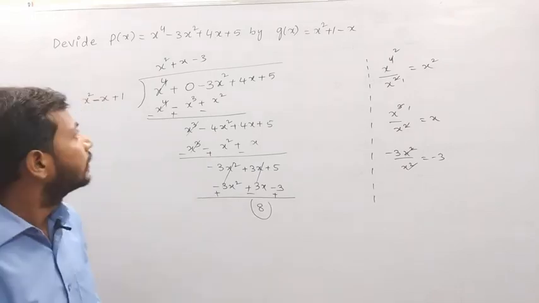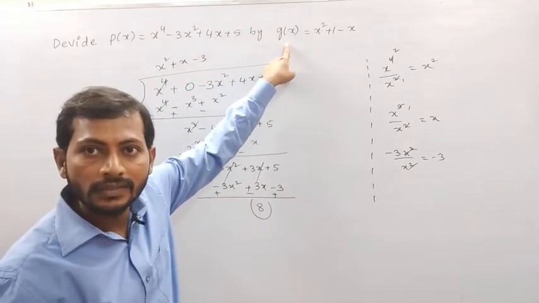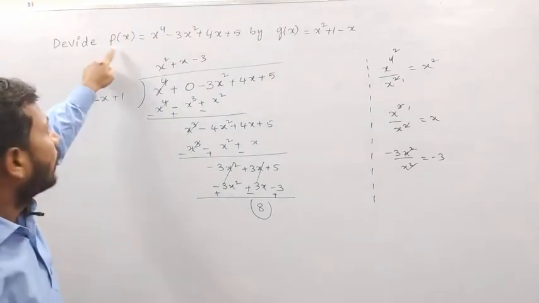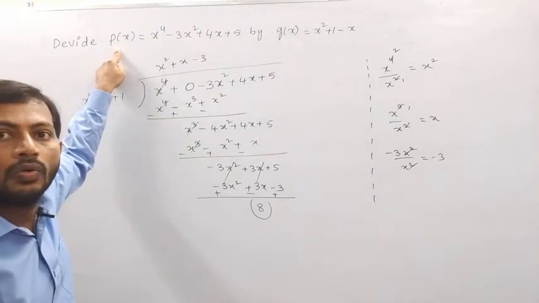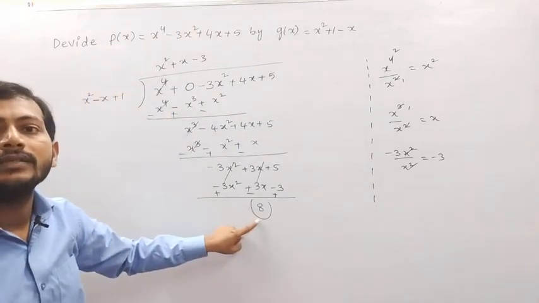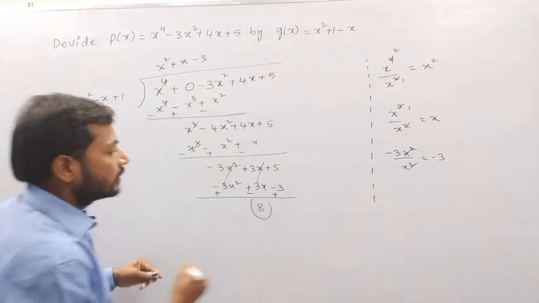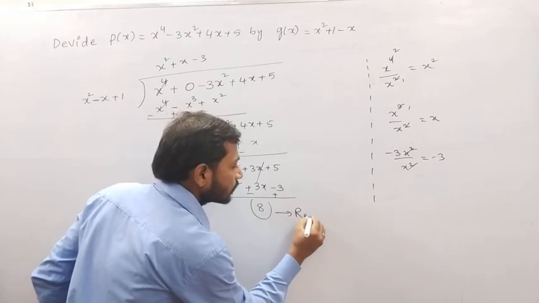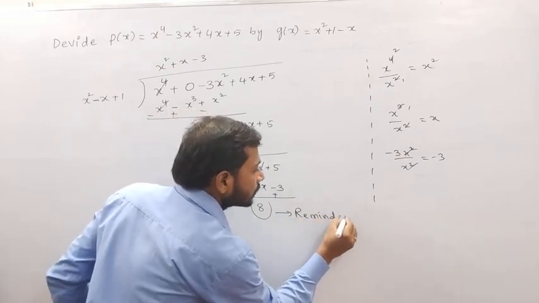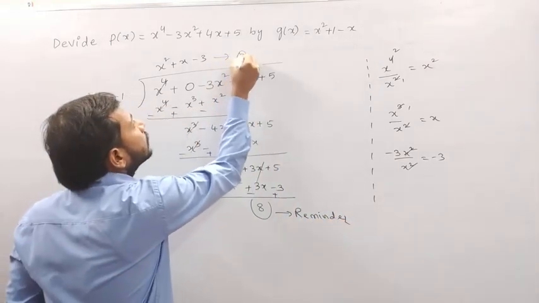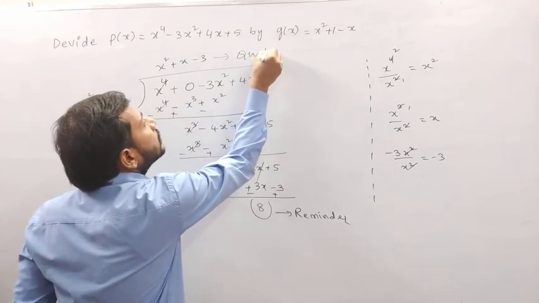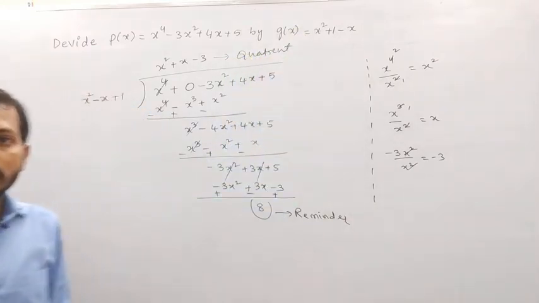Can you say that the given g of x is a factor of p of x? No. Why? You got the remainder 8. So this is a very easy method. Here this is called the remainder, and this is called the quotient. Is that clear?